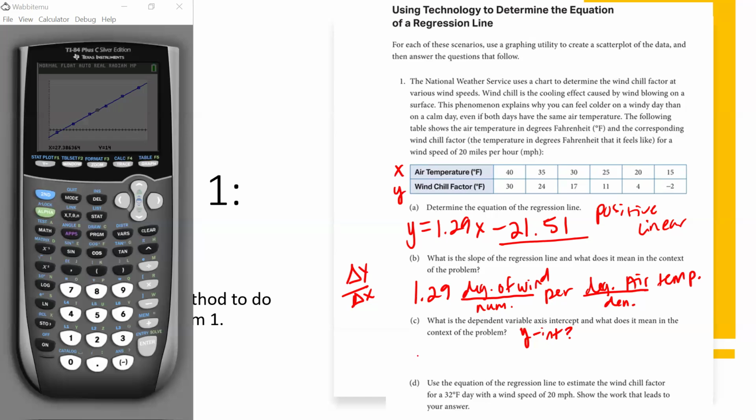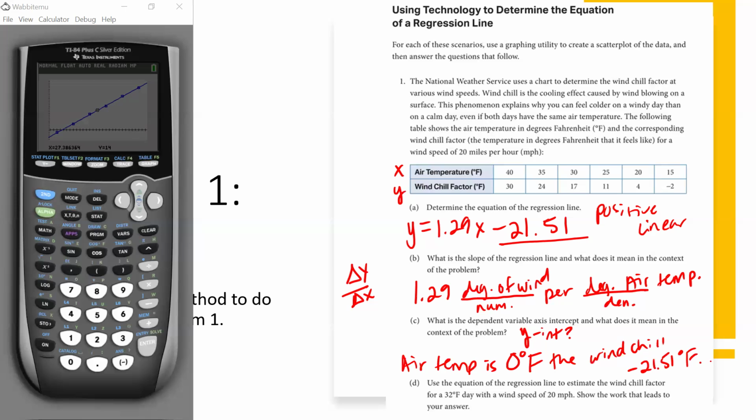It means that when the air temp is 0 degrees Fahrenheit, the wind chill is negative 21.51 degrees Fahrenheit.